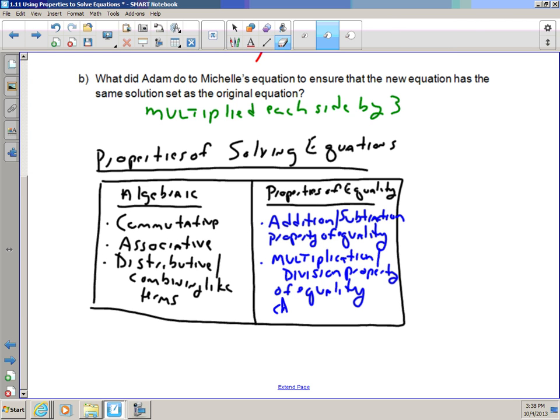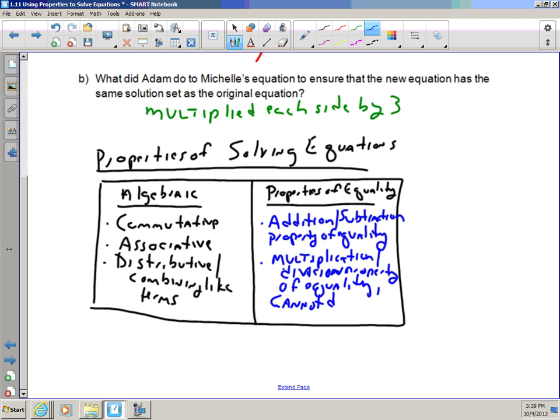I apologize for having to do some erasing here, but my caveat is you cannot divide by 0, because as you will recall, that leads to an answer that is undefined.